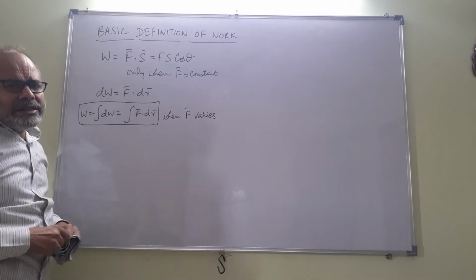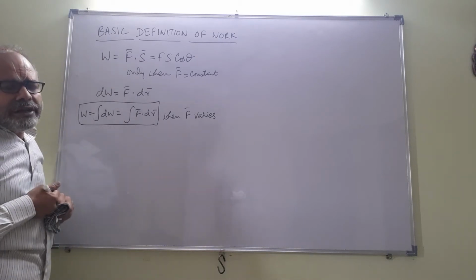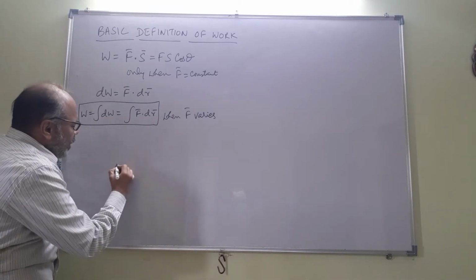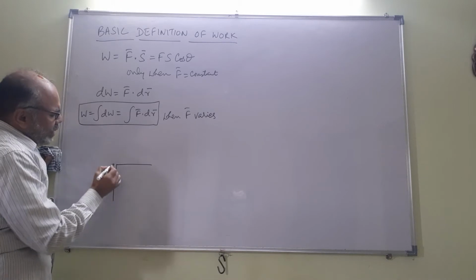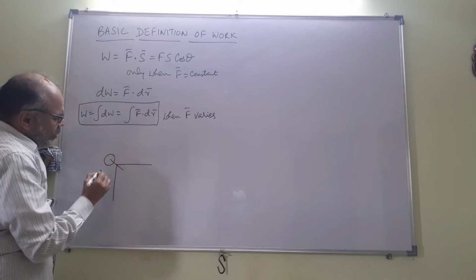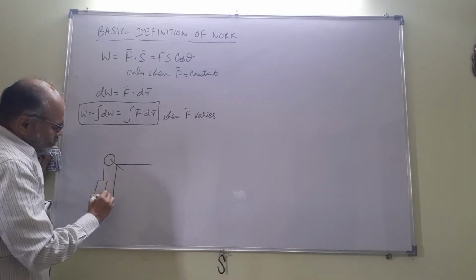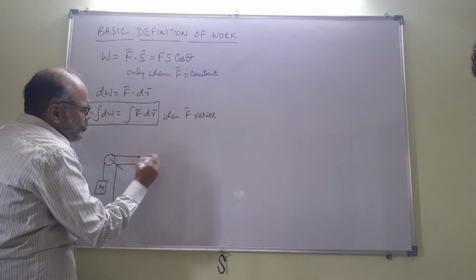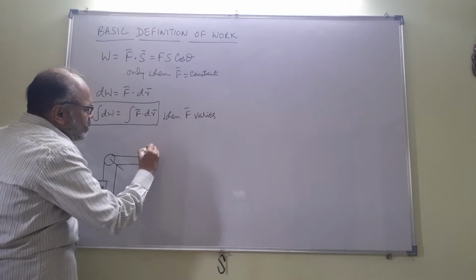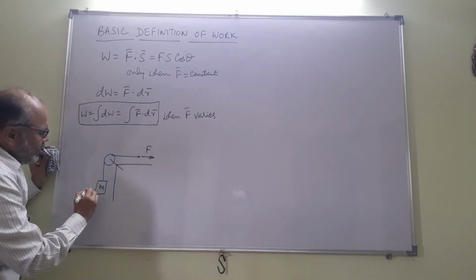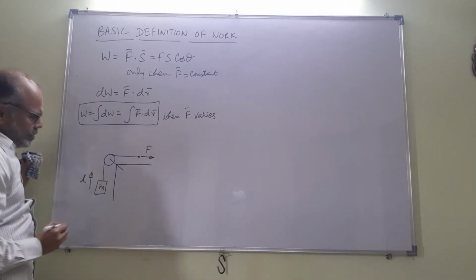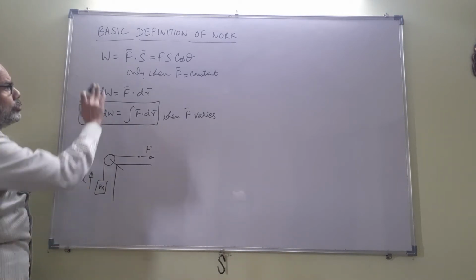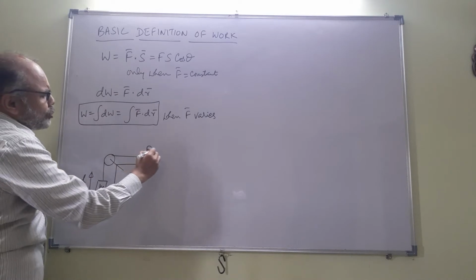Now, let us take a very interesting example where we have an elevation like that. There is a pulley, there is a mass M here, and this string is being pulled by a person with a force F, and this mass, let us say, comes up by a distance L. Now, if you use this definition of work, F is a constant force.